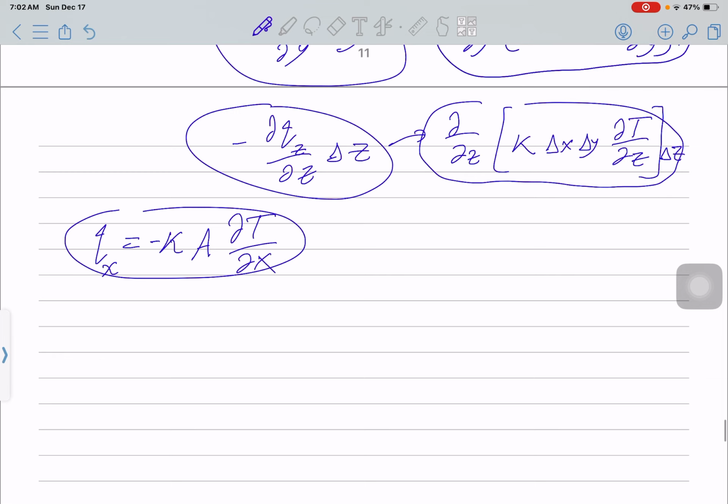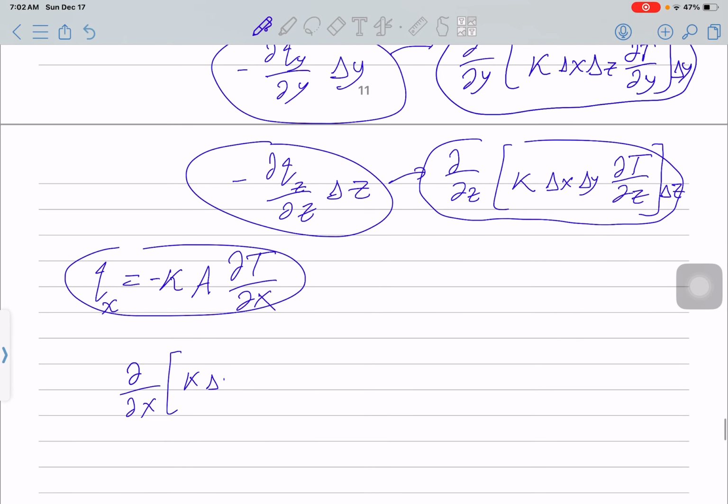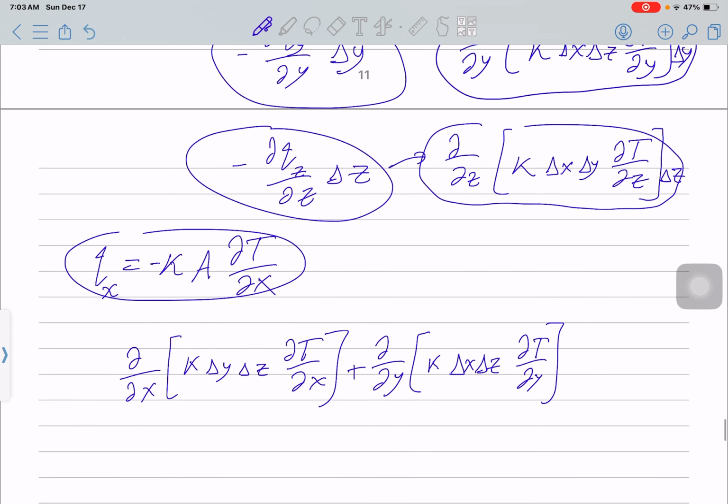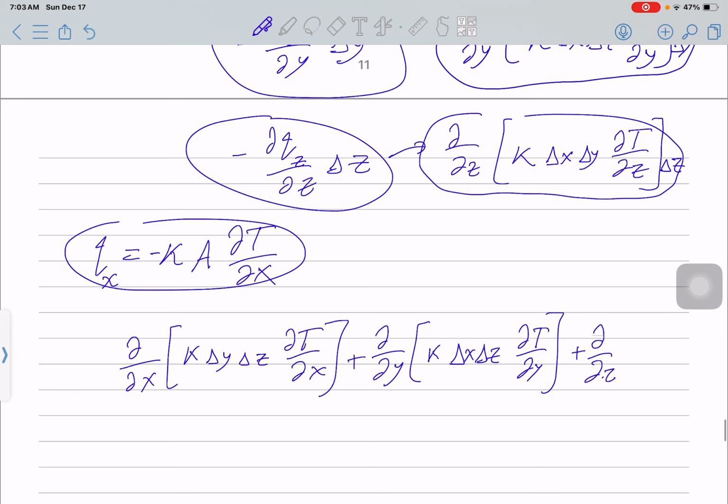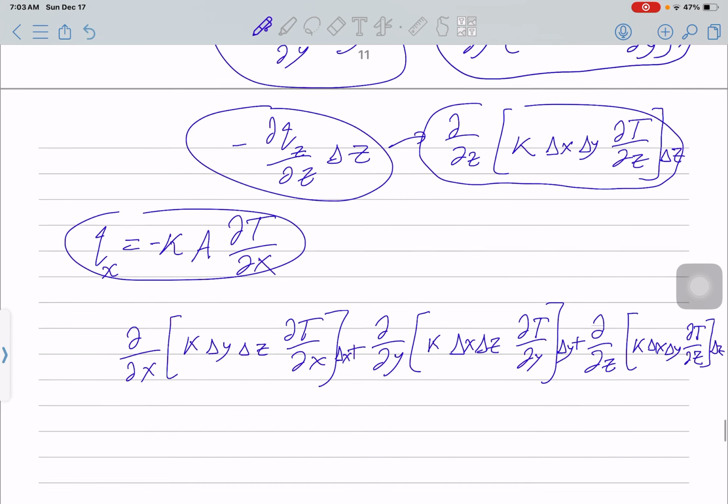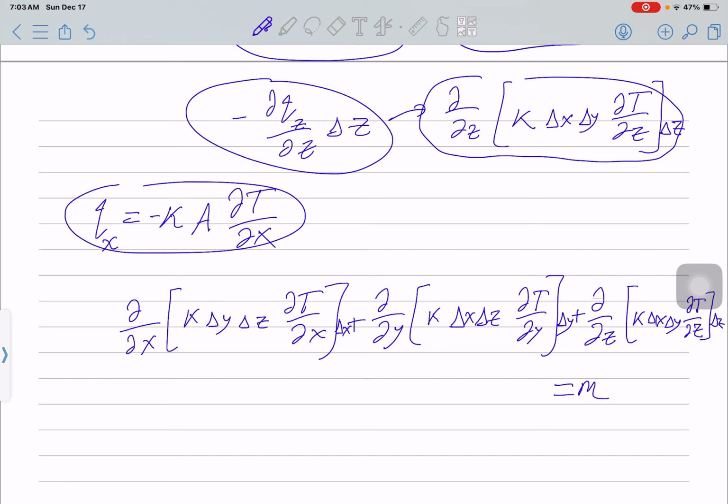With this, we will get partial by partial x of k delta y delta z partial temperature by partial x, plus partial by partial y of k delta x delta z partial temperature by partial y, plus partial by partial z of k delta x delta y partial temperature by partial z, times delta z, will equal m cb partial temperature by partial time.